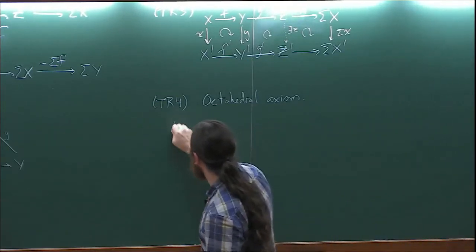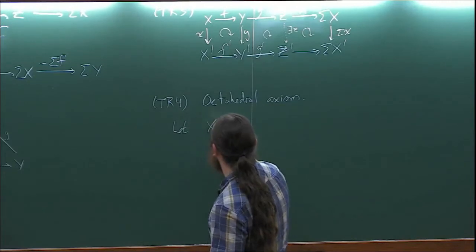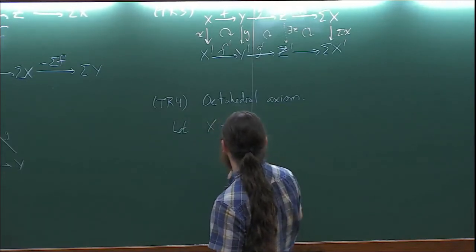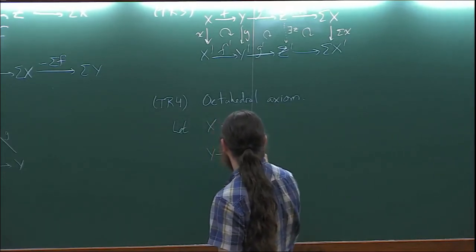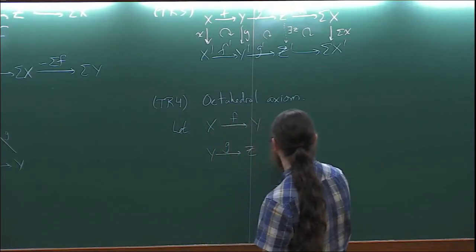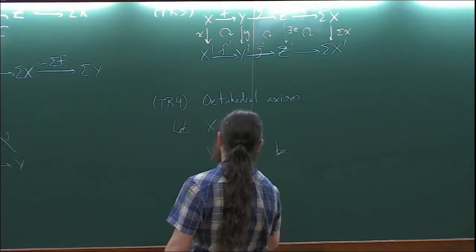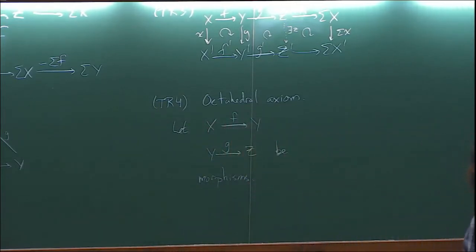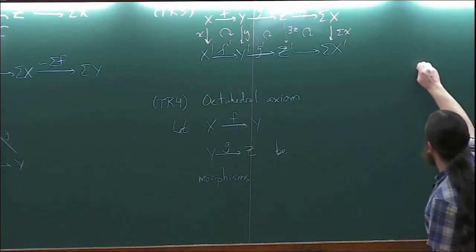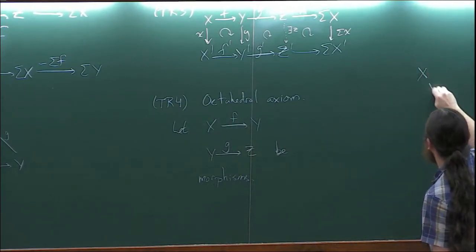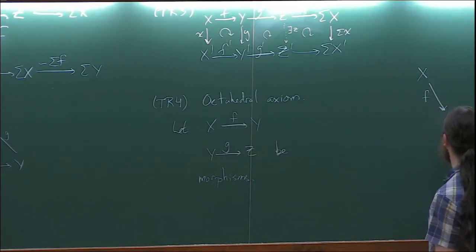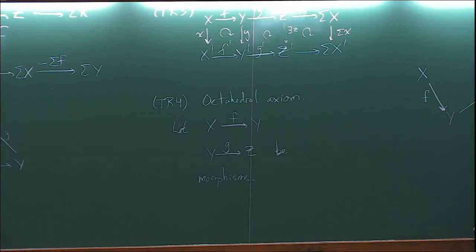So let x to y and y to z be two morphisms in the category, and I will draw a picture. So here's f goes to y, and here's g from y to z.